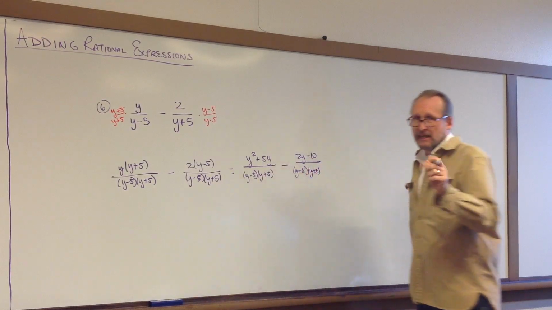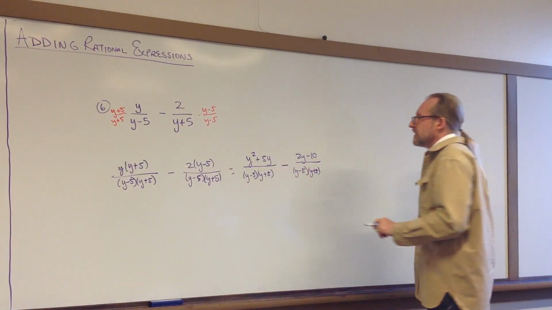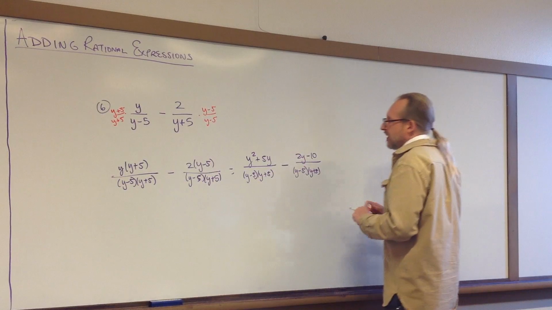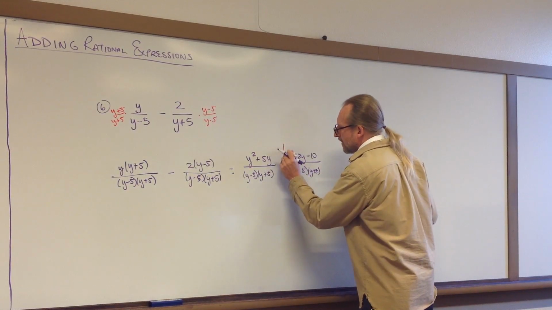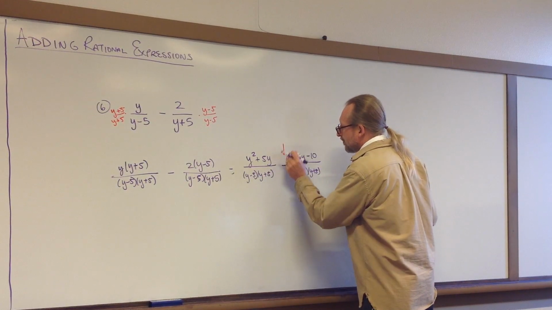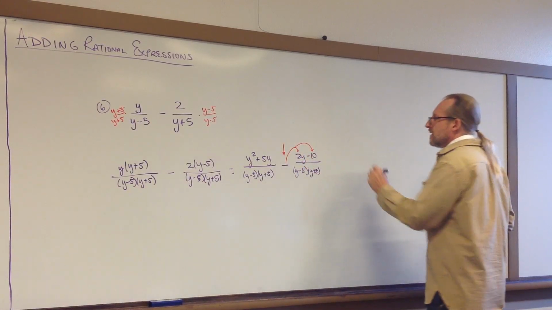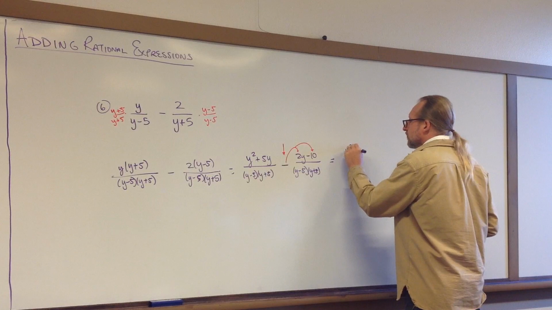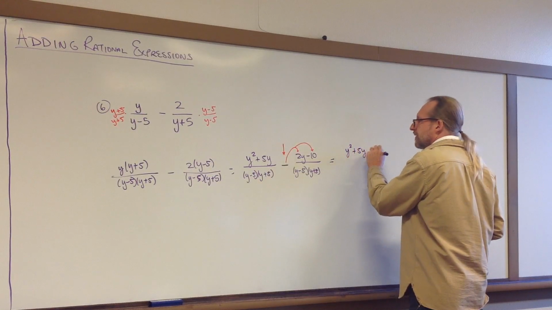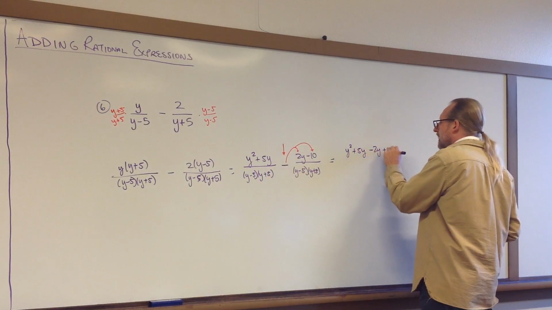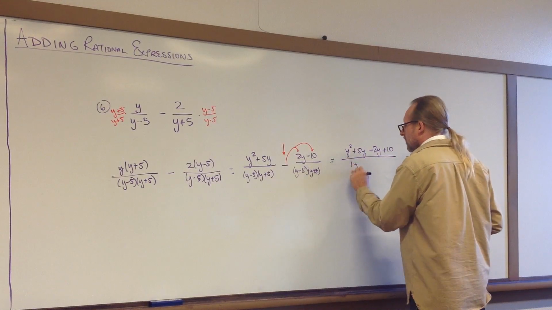Now the reason why I did that is because I want to point something out to you here, which is that this minus sign right here has to get applied to both the 2y and the minus 10. So what we end up with on top is y squared plus 5y minus 2y plus 10.